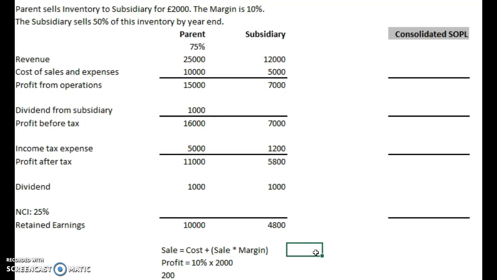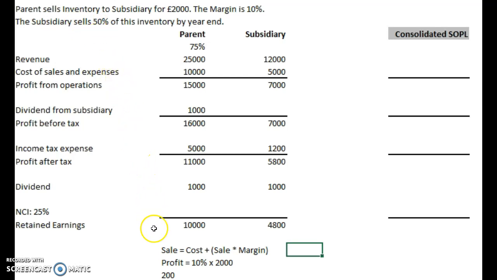Now then, if the subsidiary had sold all of those goods, we could have offloaded that profit onto a third party and realized all that profit as part of the group profits. But the subsidiary wasn't able to do that. It could only sell 50% of the inventory by year end.